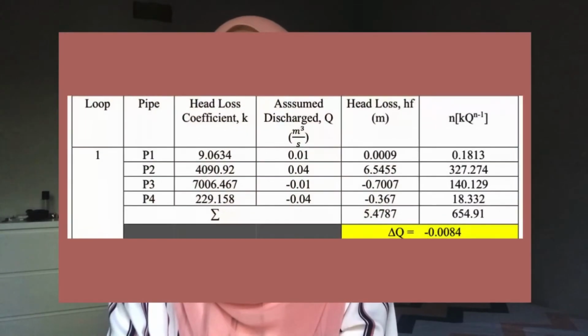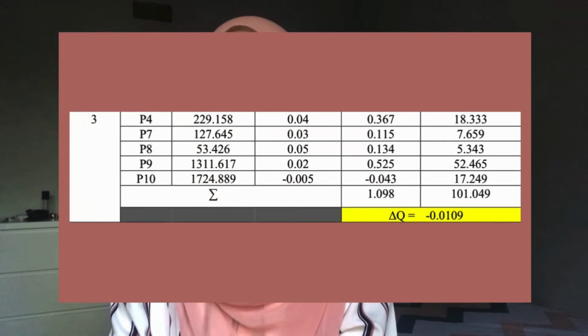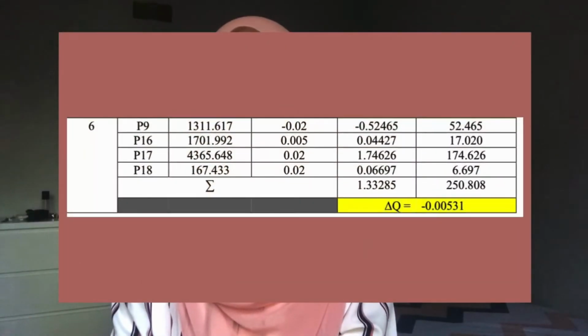In loop 1 we get negative 0.0084, in loop 2 we got 0.0037, in loop 3 we get negative 0.0109, and in loop 6 we get negative 0.00531. Since we did not reach the correction of 0.000 something for at least 2 loops, we need to continue for the second trial.